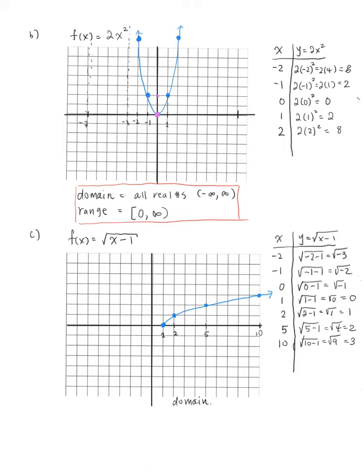Well, the graph begins at x equals 1, and then it's going to keep going all the way towards positive infinity. So in this case, our domain is going to be starting from x equals 1. Our tail end of the graph is going to shoot up to positive infinity. So the domain is closed 1, infinity.